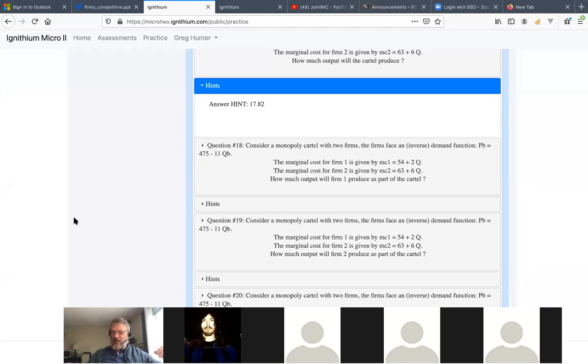The reason I was so confused at first is because I thought we were doing 19 and using the MC low, the low one. Well, if you look at 18 and 19, the only thing that's different between them is that QT is equal to QL plus QH, and we know QT is equal to 17.82, so they're really the same problem.